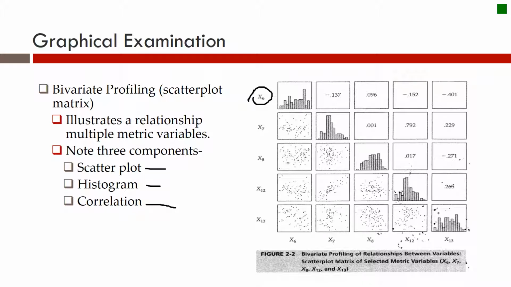So this is the histogram for X6. You can see this one here is fairly flat. It doesn't really look very normally distributed, so that may be a problem. We have this variable here, which may actually be a little skewed, but this is X7's histogram, and then we have X8's histogram here, and then we have 9, and 12, and then 13.